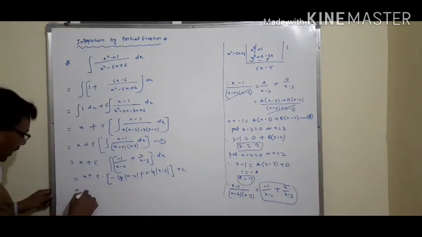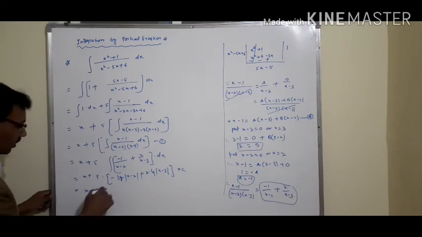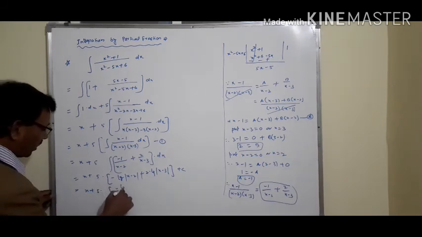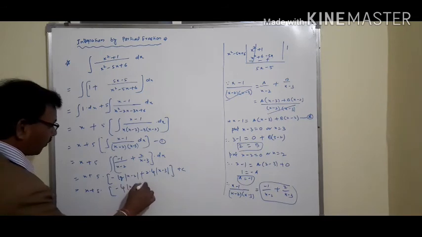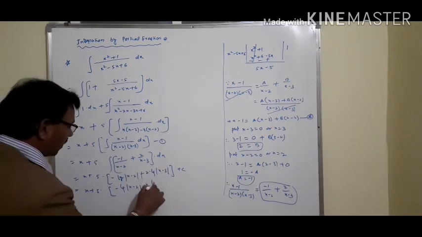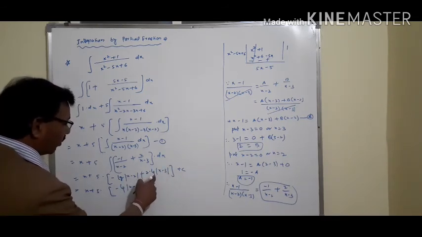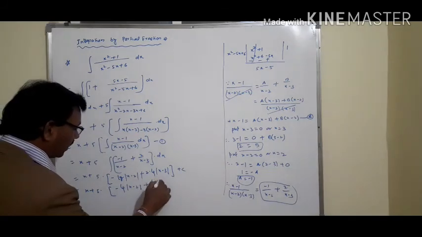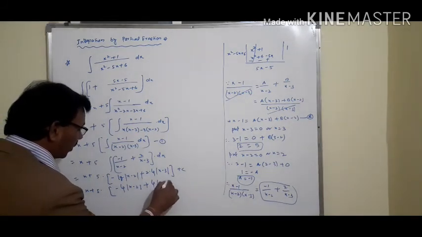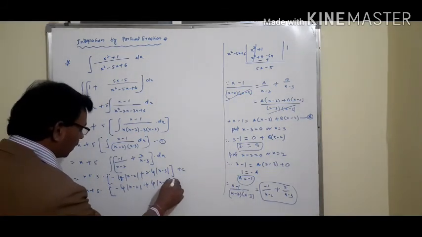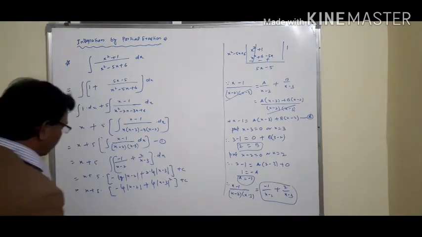Now this will be x plus 5 into minus log of (x minus 2) plus, by the rule of log, log of (x minus 3) whole square, plus c.